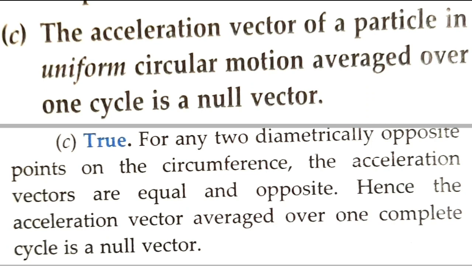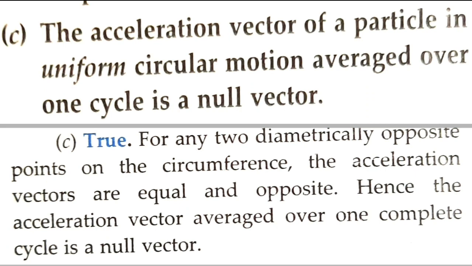For any point you take on the circumference of the circle, there will be a point on the circle itself which is diametrically opposite. For such a pair of points, the acceleration is equal in magnitude, and the direction of the centripetal acceleration comes in opposite directions.